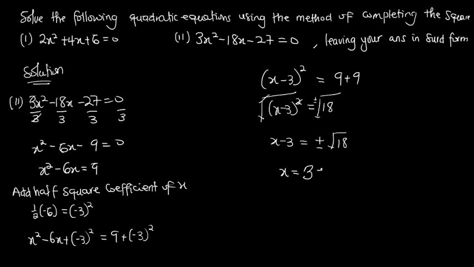So I have 3 plus or minus the root of 18. So the values of x for this particular equation are positive 3 plus root 18, or positive 3 minus root 18.